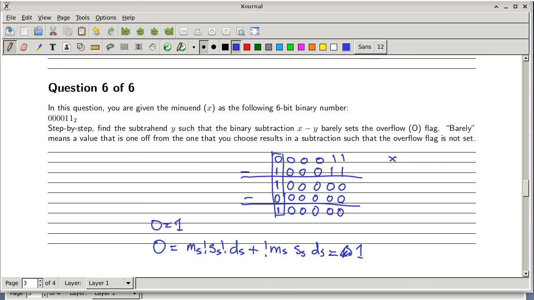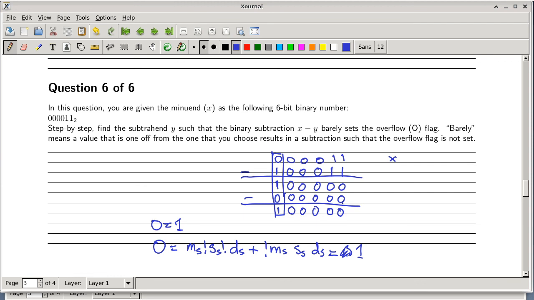Because in order for the overflow flag to be a 1, you have to make one of these two conjunctions a 1. If the sign of your minuend and the sign of your subtrahend are the same, then this would be false, right? And also this would be false. Does that make any sense?